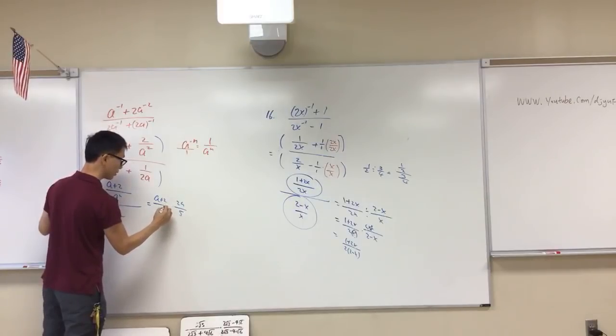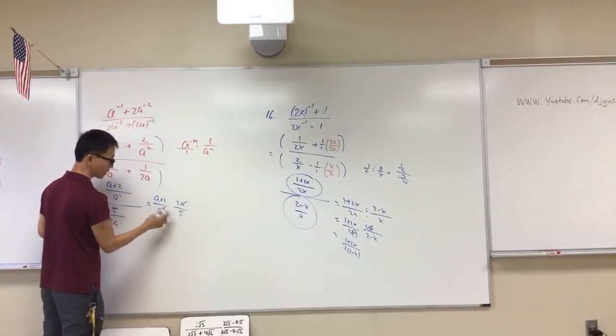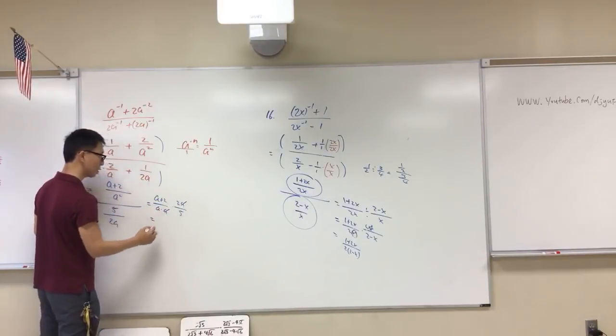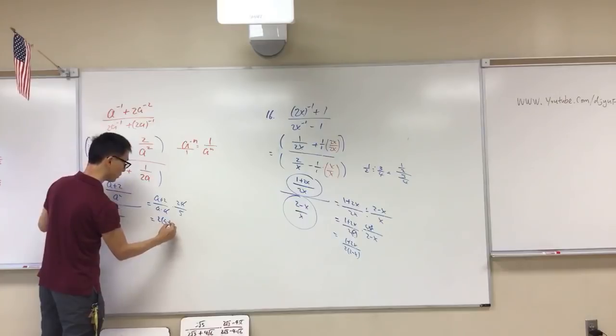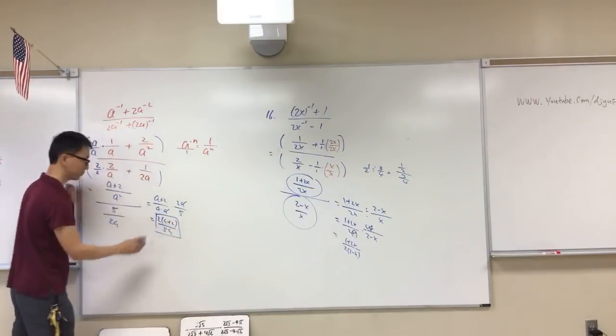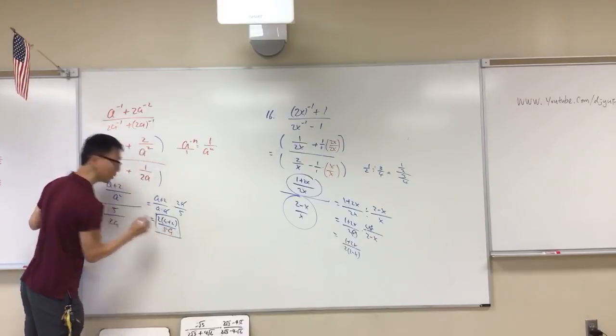So the A cancels out, because A squared is A times A. So it'll be 2 times A plus 2 over 5A. Let me know if you have any questions.